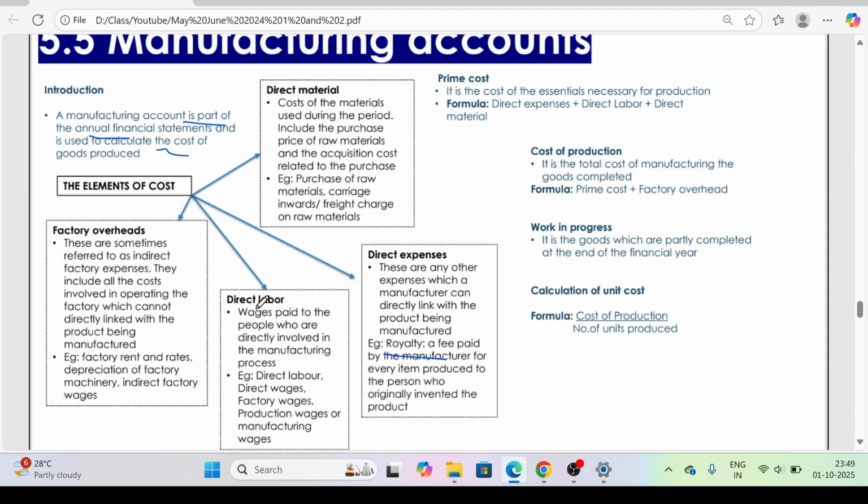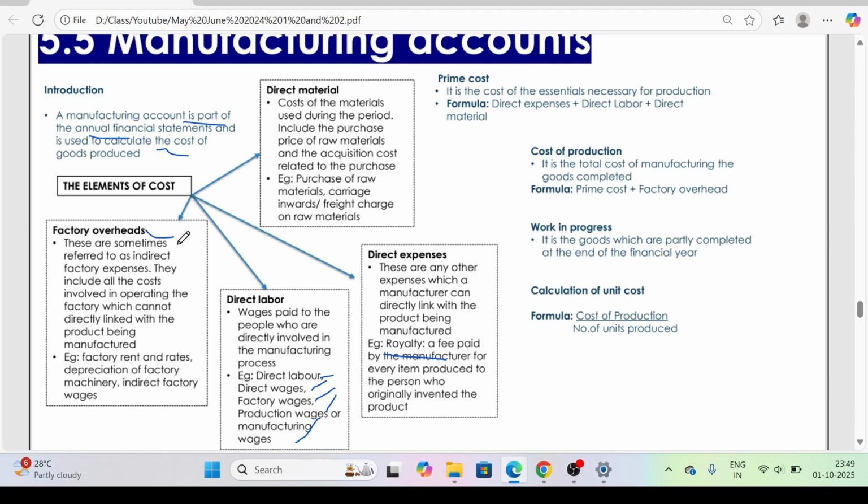Then direct labor. So wages paid to the people who are directly involved in the manufacturing process, like direct labor, direct wages, factory wages, production wages or manufacturing wages. Then last one is factory overheads.